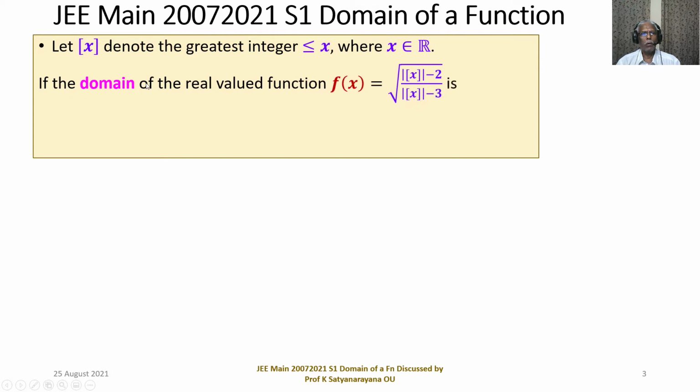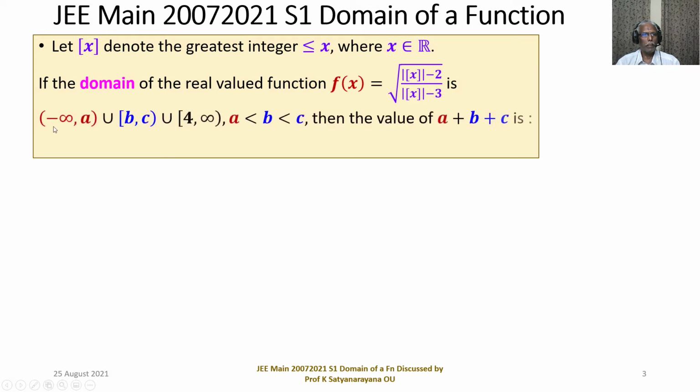If the domain of the real valued function f of x is equal to under the square root of mod of bracket x minus 2 by under the square root only mod of bracket x minus 3 is open interval minus infinity to a union semi closed interval BC closed at B end, open at C end, union semi closed interval 4 to infinity closed at 4 end, where A less than B less than C, then we have to find the value of A plus B plus C.